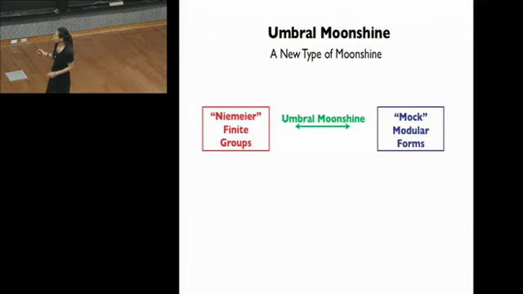To be more specific, Umbral Moonshine is a pattern of relations relating Mock modular forms, as we have seen in the previous example, and what we call the Niemeier finite groups. So now I'll tell you how we construct, on the one hand, the Niemeier finite groups, and on the other hand, the Mock modular forms. Then I'll phrase the Umbral Moonshine conjecture in concrete terms. That will be the plan for this part of the talk.